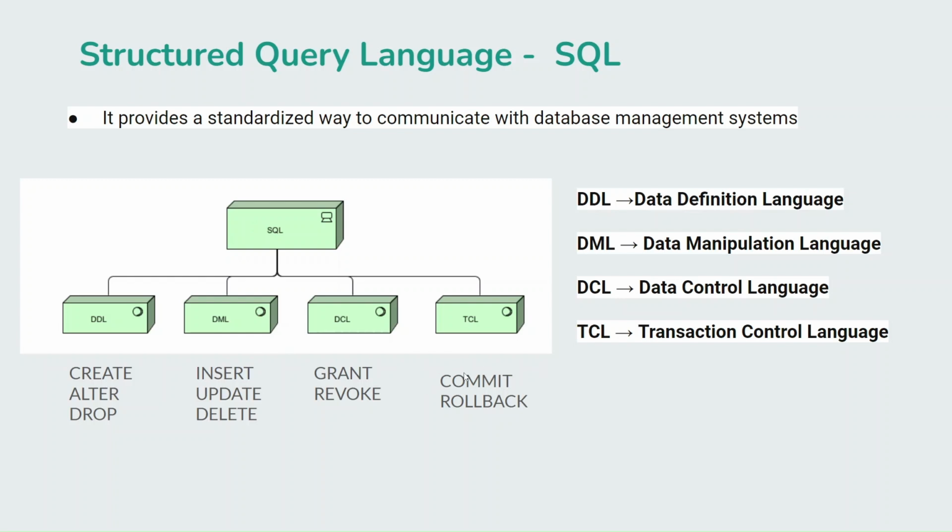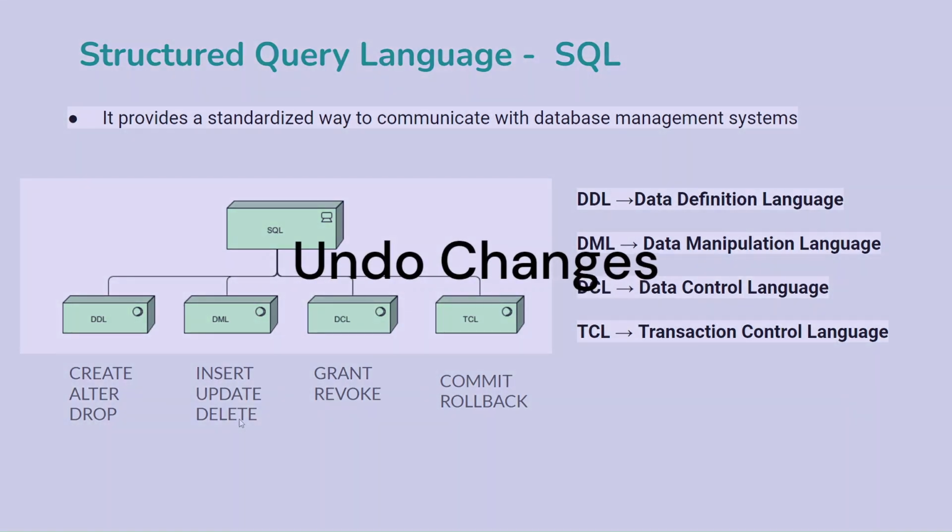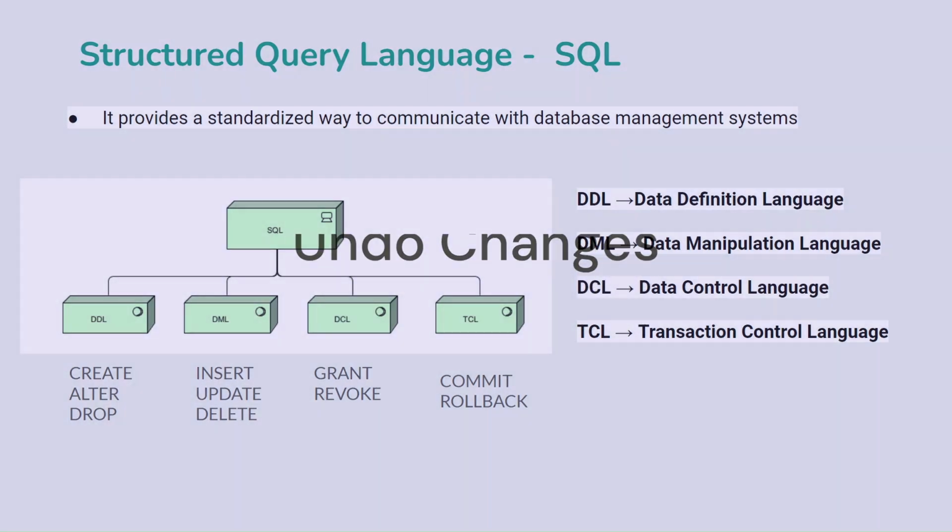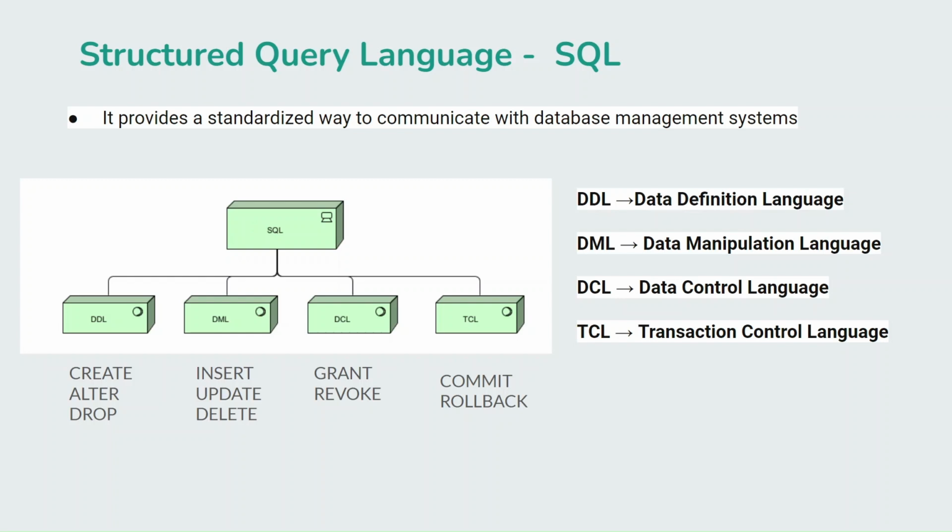You don't need to issue a commit command when you create a database object, but only when you are doing a data manipulation, for example insert, update, and delete. The rollback command is used to undo the changes that you made within a transaction. Like if an error occurs during a transaction, or if you want to discard the changes, you can issue a rollback.